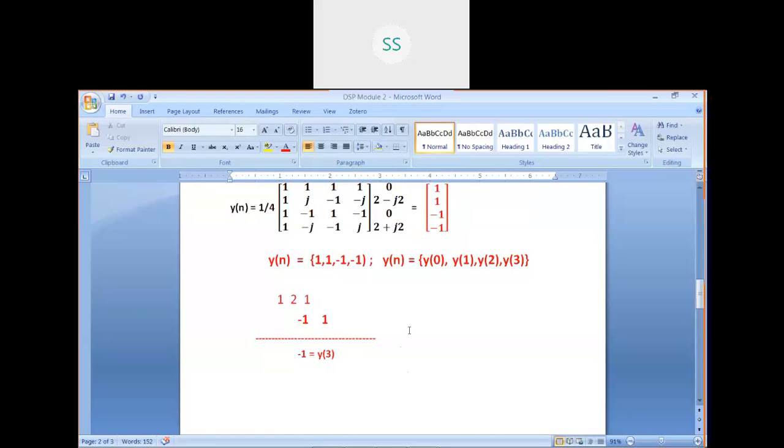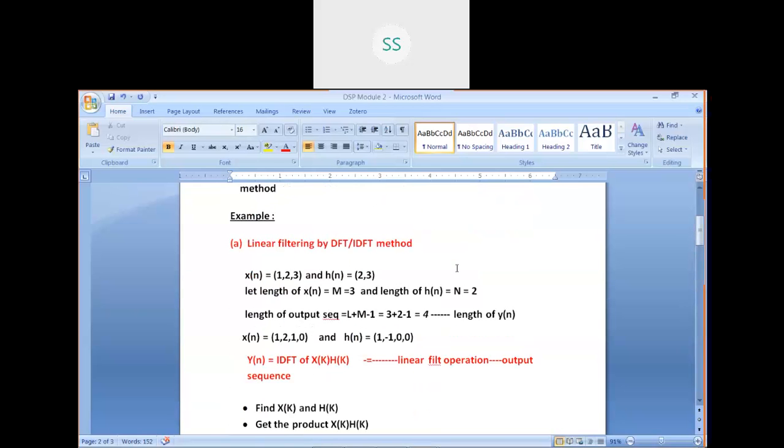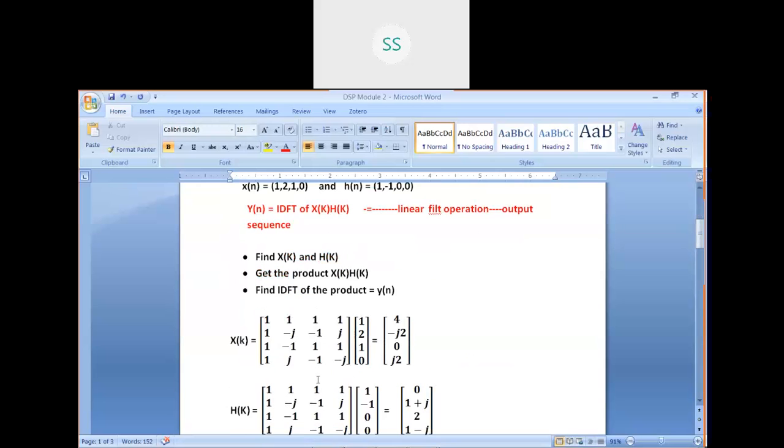Now there was one question: x of n and h of n need not always be of length 3 and 2. Their length may be different from 4, suppose the length is more than 4. In that case, if we adopt this method of x of k and h of k, that is calculating DFTs and IDFTs, you will have to write a big matrix so that you can multiply such a lengthy sequence with it.